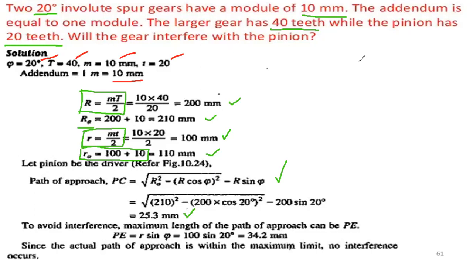And next we need to find the interference avoidance with this. So you need to avoid the interference also.